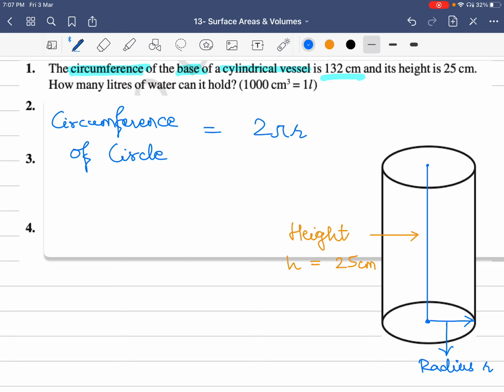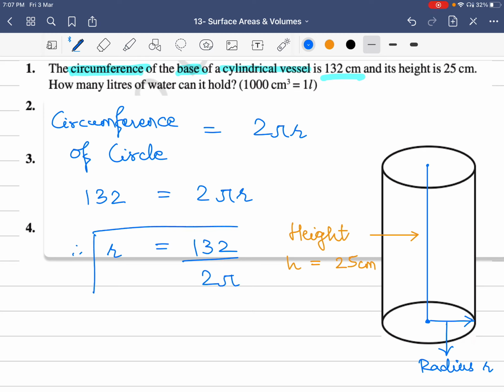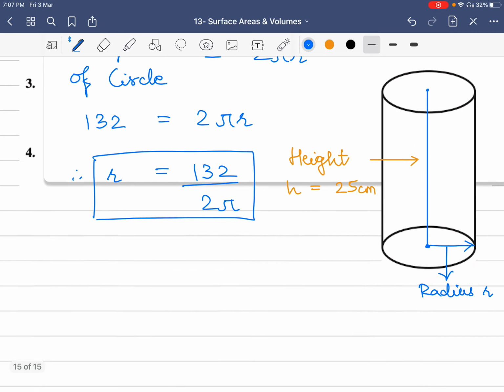This is a standard formula. They are saying the circumference is 132 centimeter, so 132 is equal to 2 pi r. Therefore, we get the value of r, the radius, that is equal to 132 divided by 2 pi. This becomes the value of our r, which we will use to calculate the volume of this cylinder.